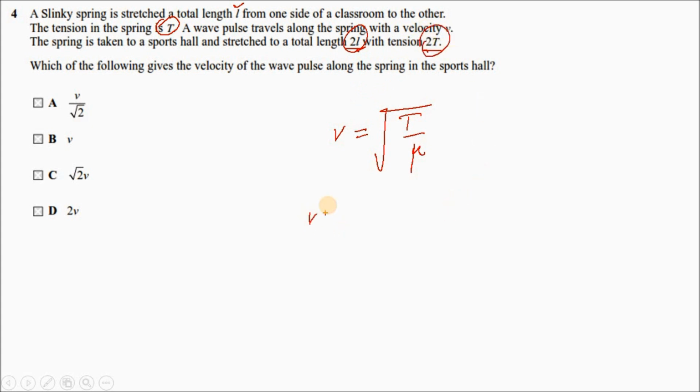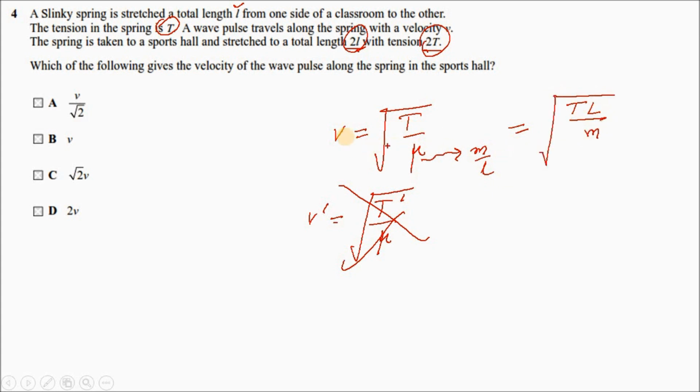So V dash would be equal to the root of T dash, the new tension, over mu. Now, mu is mass per unit length, which is m upon L. So you can rewrite this formula as the root of T by m upon L, and L comes up, so TL over m. That's the velocity.